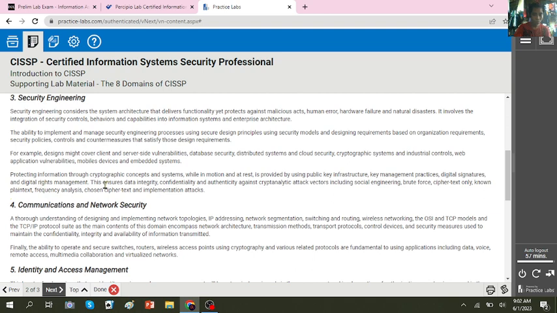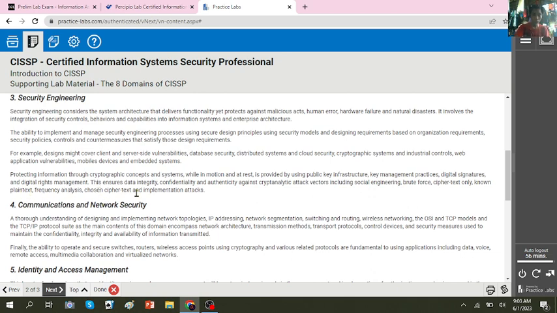Protecting information through cryptographic concepts and systems while in motion and at rest, provided by using public key infrastructure, key management practices, digital signatures, and digital rights management.